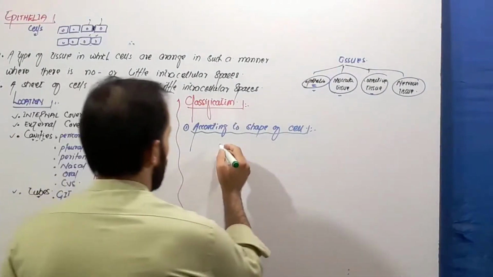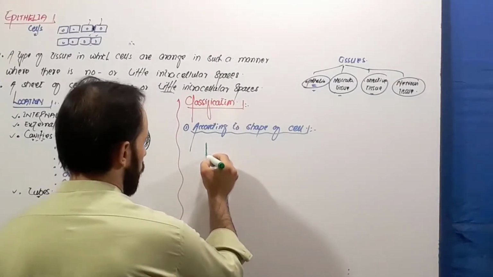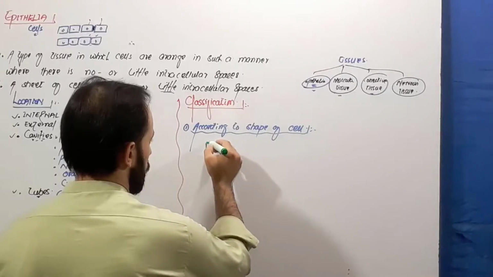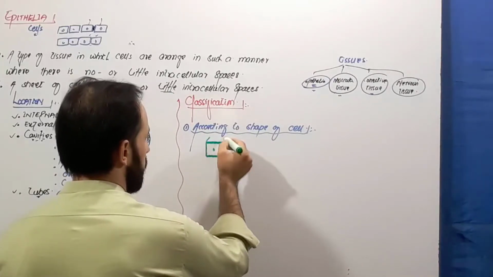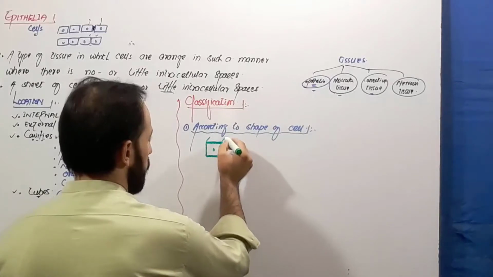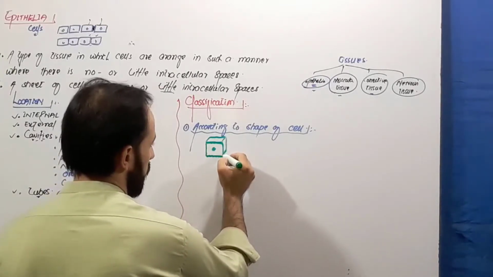Look carefully. First, there are cells, right? If we look in the epithelial tissue, there we can find cells like this, in which all the sides are equal to each other, right?